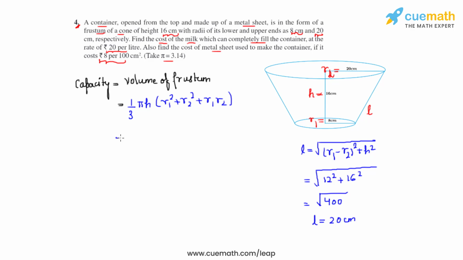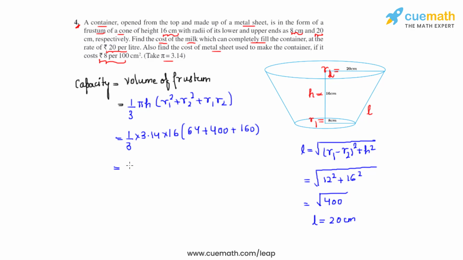Let's substitute these values and we write it as 1 by 3 times 3.14 times 16. R1 square is 8 square which is 64. R2 square is 20 square which is 400 and R1 times R2 comes as 160.